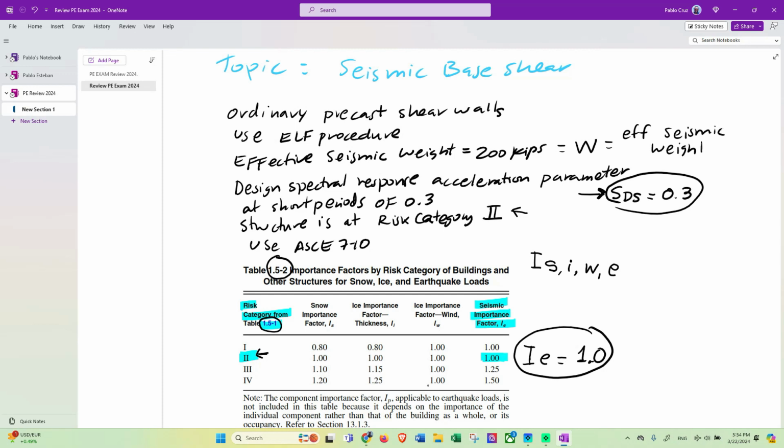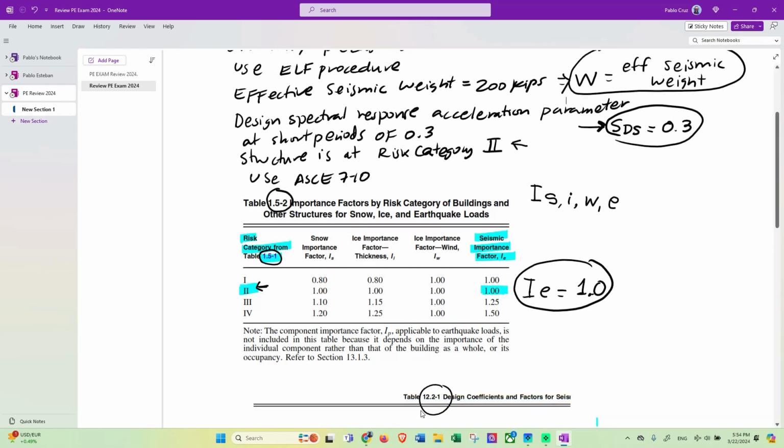We are probably going to discuss more about these definitions in another video, but for the sake of this exercise and this specific topic of seismic base shear, what we need to know is W, or the effective seismic weight, is equal to 200 kips.